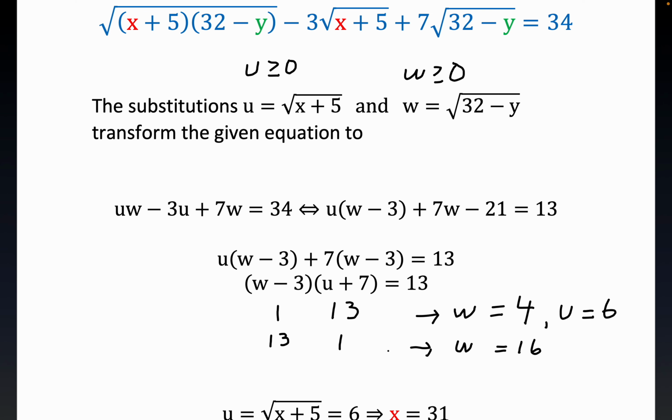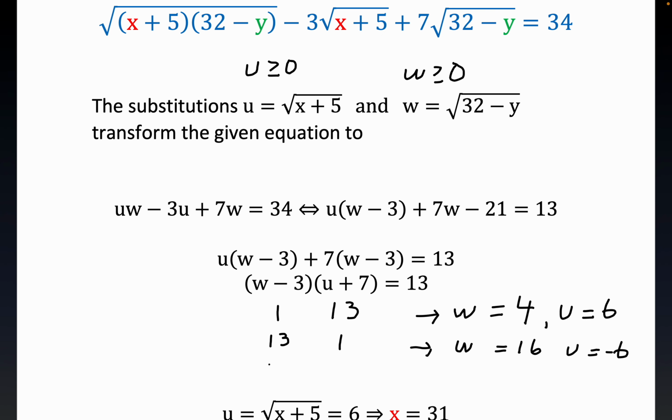But what about if you set 1 equal to u plus 7? That would force u to equal negative 6. So we have to cross this out, because remember, both of the expressions have to be non-negative. So we can't use this.